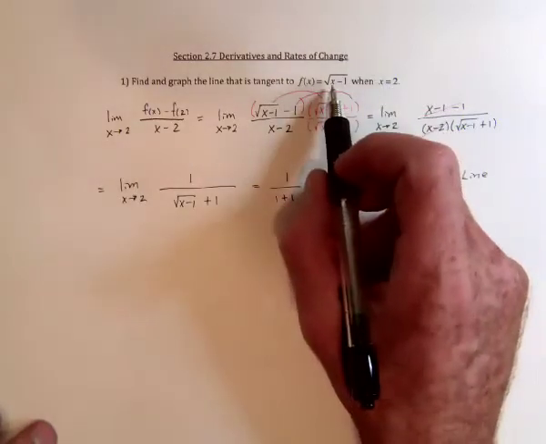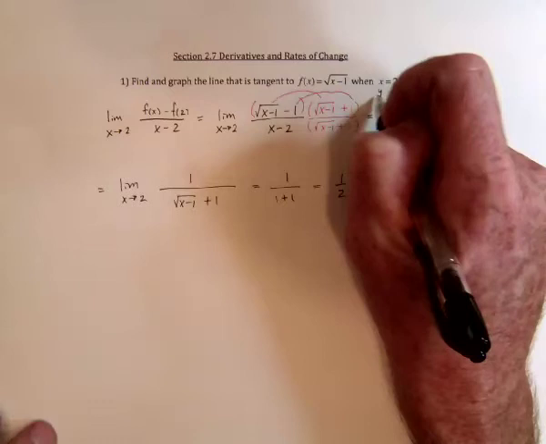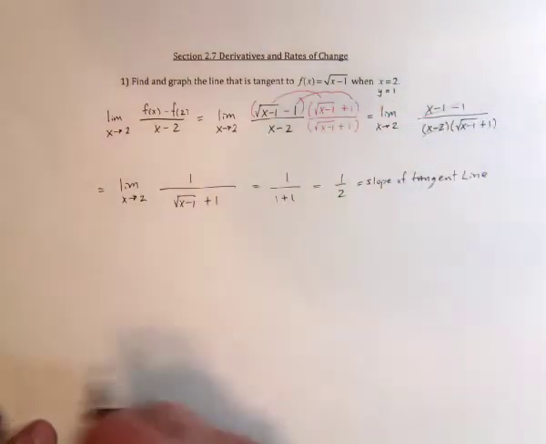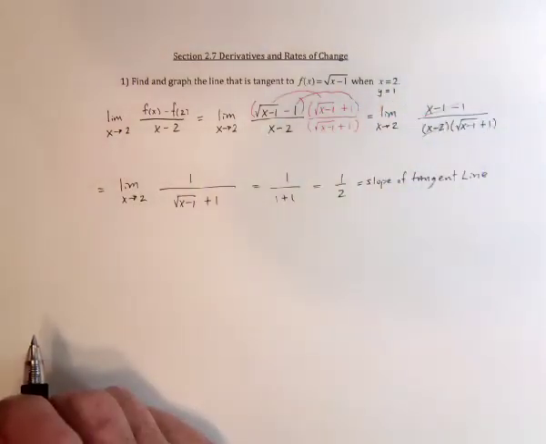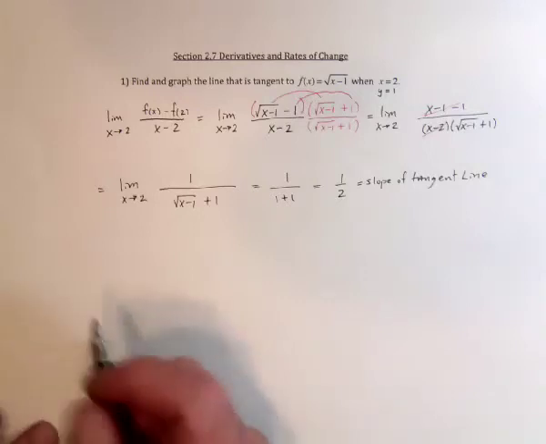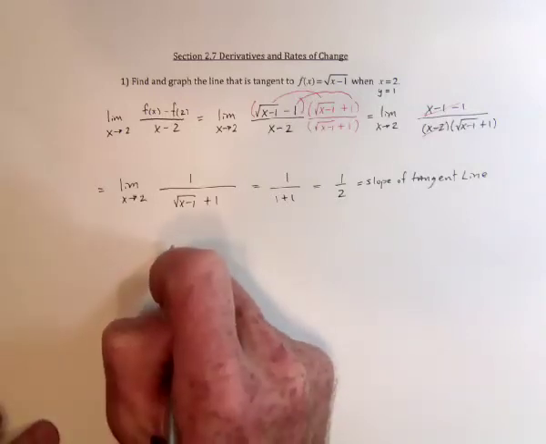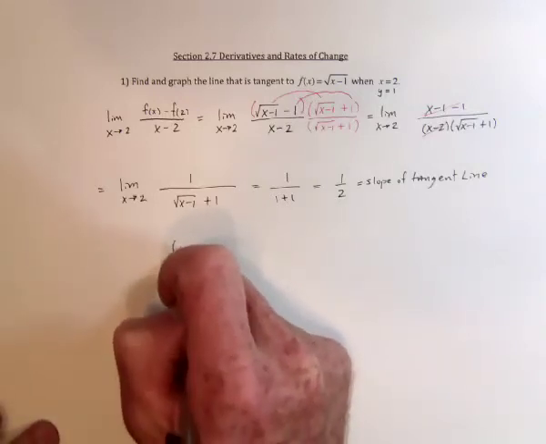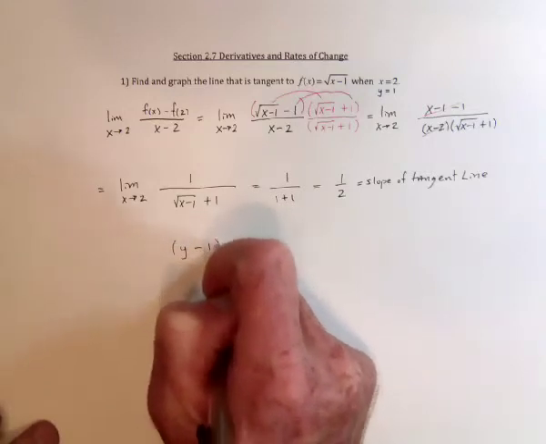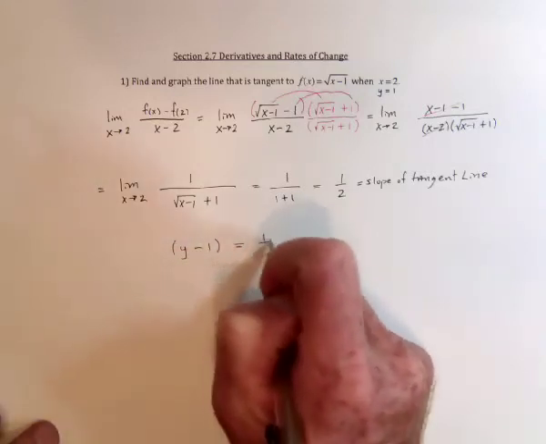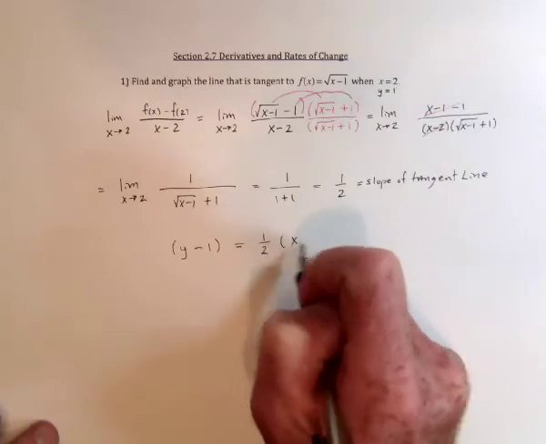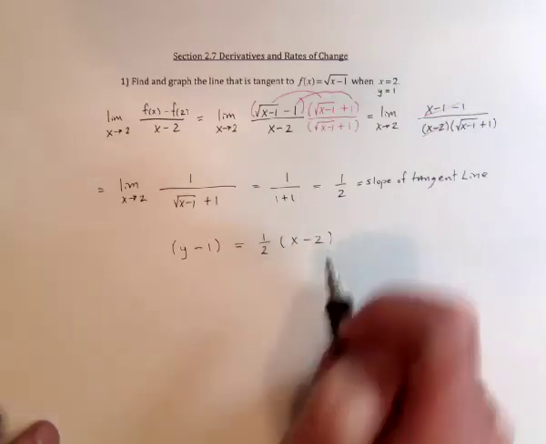So if we substitute a 2 in here, then we would get that y is equal to a 1, and now use the point slope formula. So it's going to be y minus a y value is equal to the slope times x minus the x value.